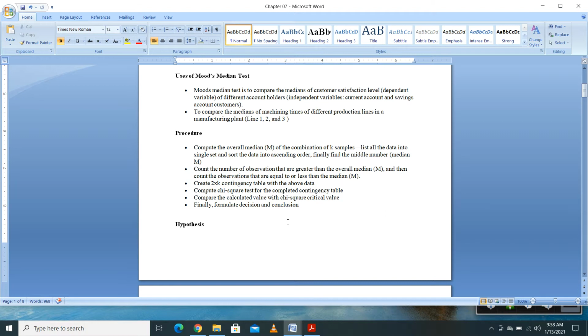After calculating the overall median, we make a 2 by 2 contingency table and count how many values are greater than the calculated median, how many are less than the calculated median, and how many are coming from the first sample and how many from the second sample. I will explain this using an example.